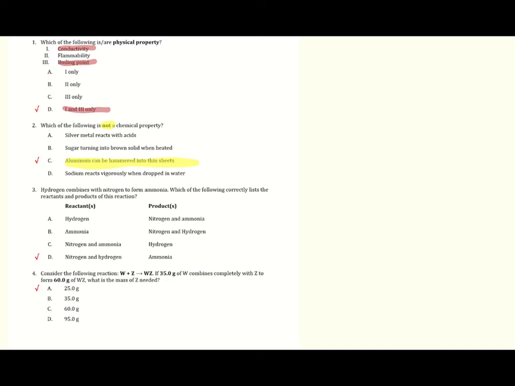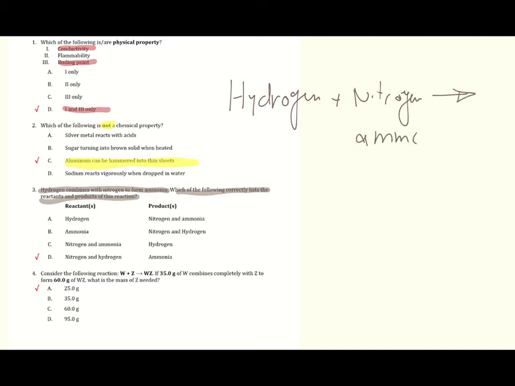Question 3. Hydrogen combined with nitrogen to form ammonia. Which of the following correctly lists reactants and the product of this reaction? It said the hydrogen and the nitrogen combine to form ammonia. So hydrogen reacts with nitrogen to form ammonia.